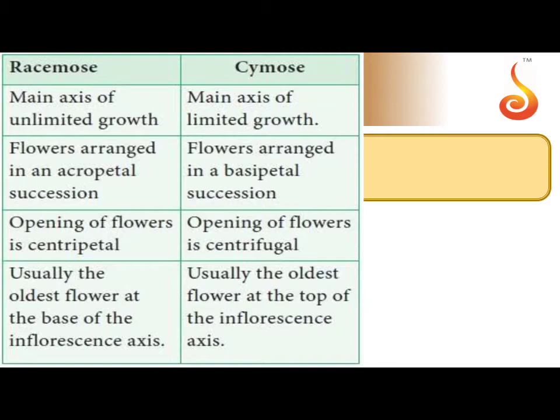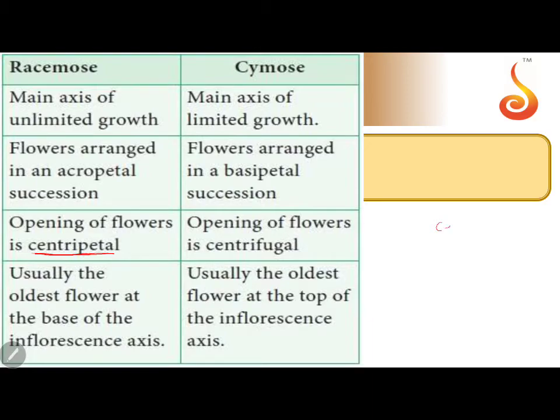In case of racemose, it is centripetal. What do we mean by centripetal? The opening of the flowers occurs from periphery to the center.